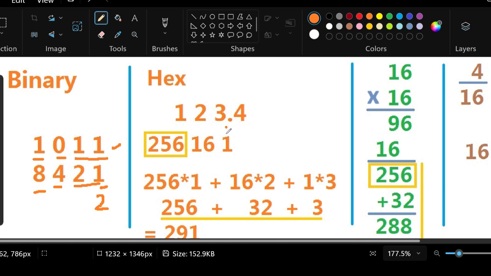Now, okay, so this one, 1, 2, 3.4. Actually, I didn't know how to deal with the dot 4. So I just went with what I knew again. And in this case, using the pattern that we use for binary, maybe we can use the same thing with this one. So I did 1 and then 16 because we know that there are 16 possibilities.